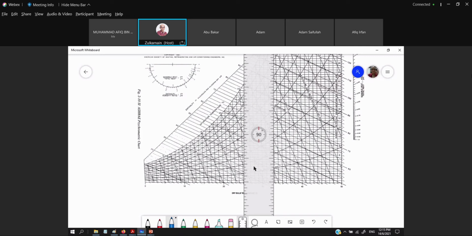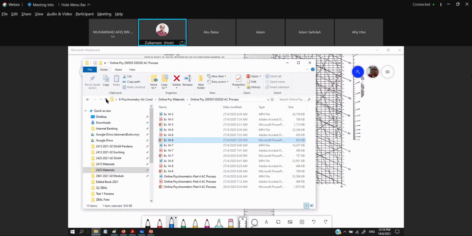This ruler is 90 degrees, but when I put it adjacent to 25 degrees C, I do not get a straight line at 25 degrees C. It is at a bit of an angle, so this diagram is not good. I will let Mr. Kamal know about that, and maybe we are not going to use this diagram during the exam. So let me put another diagram that I have.